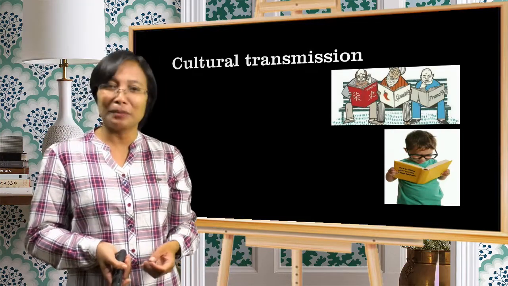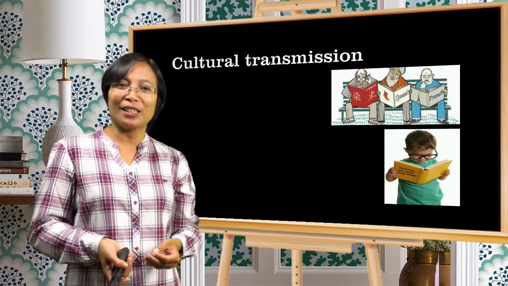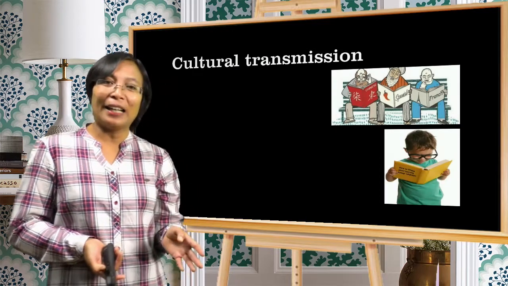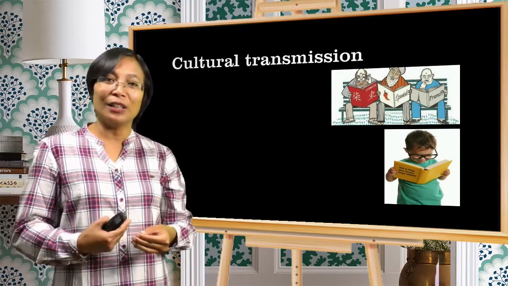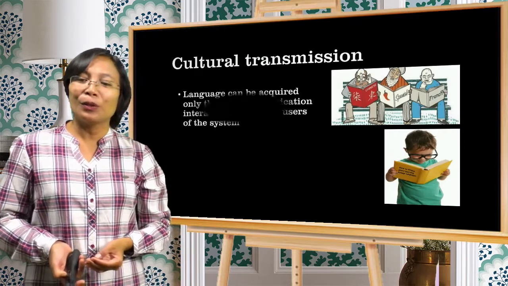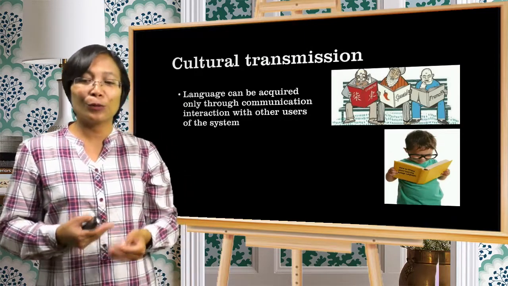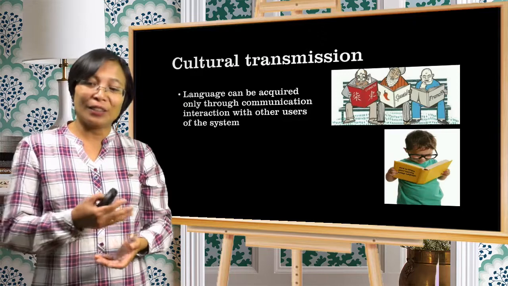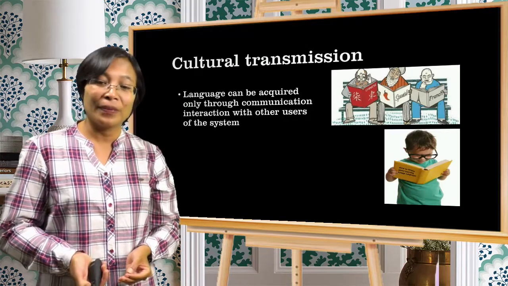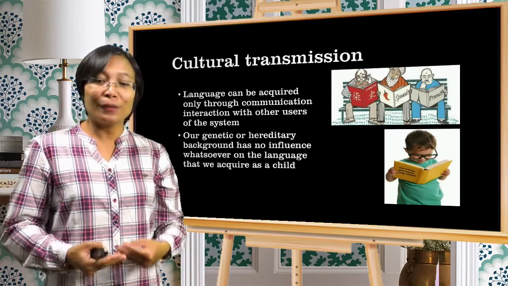But I believe that maybe he is not from France, or he is not French. Cultural transmission here is related to the way we learn a particular language. So human language can be acquired only through communication interaction with other users of the system. And we do need a process of learning.